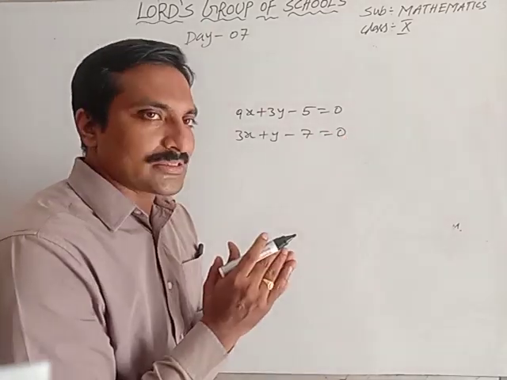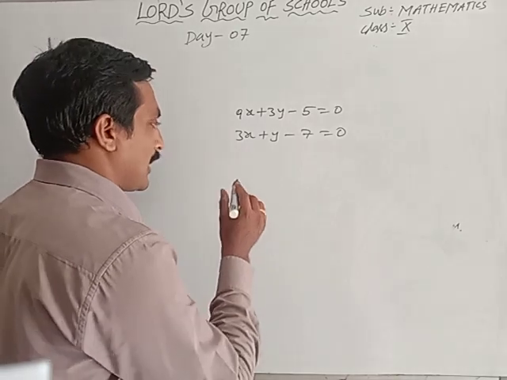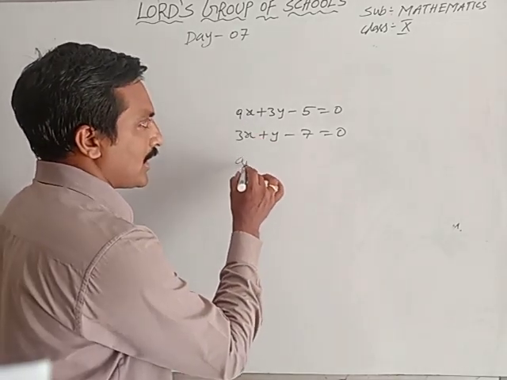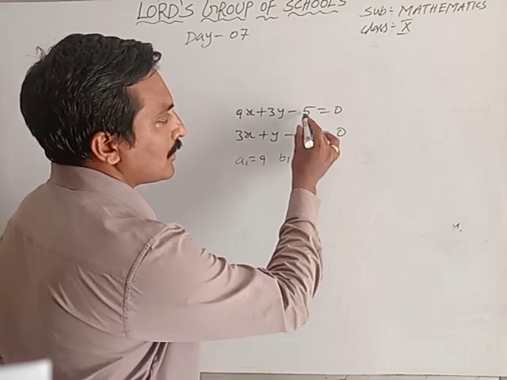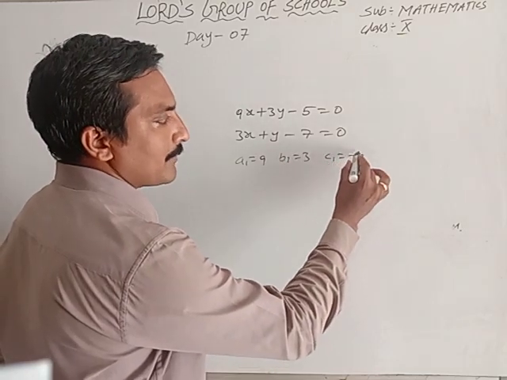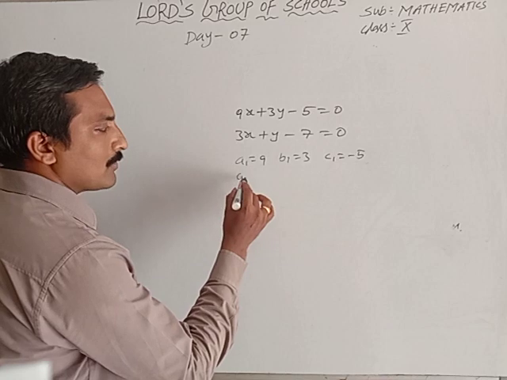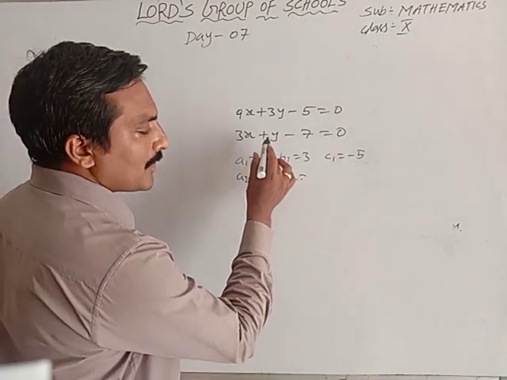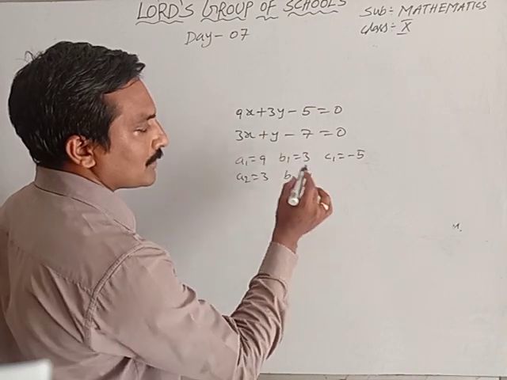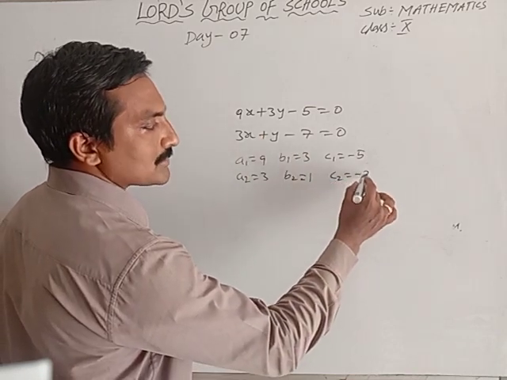What type of lines? First of all, write the first equation: a1 value 9, b1 value 3, c1 value minus 5. A2 value 3, b2 value, there is no number, which means 1 is present, plus 1 only, and c2 is equal to minus 7.